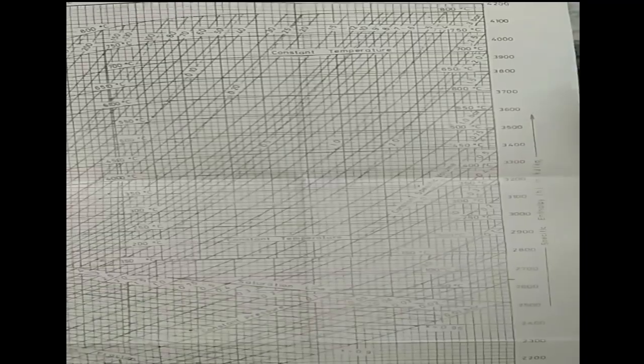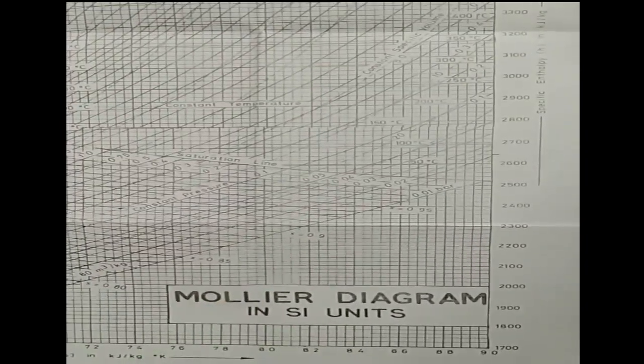So how to place 100 bar and 400 degrees Celsius temperature? See here, this is your Mollier chart. You can observe this is a saturation line, one dark line. This side will have enthalpy, and this side will have entropy.